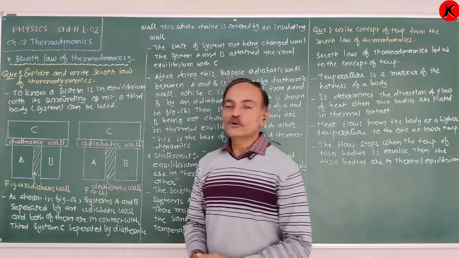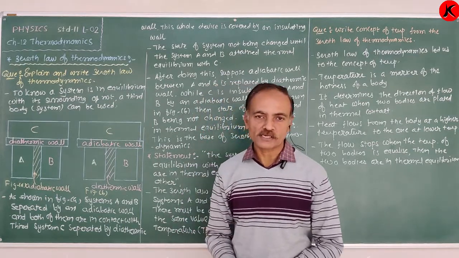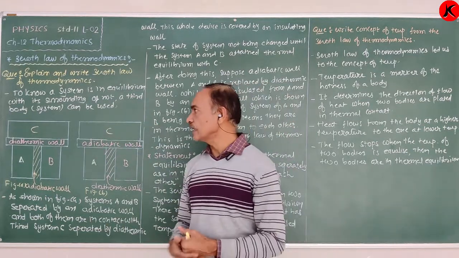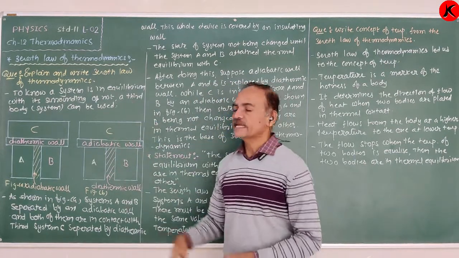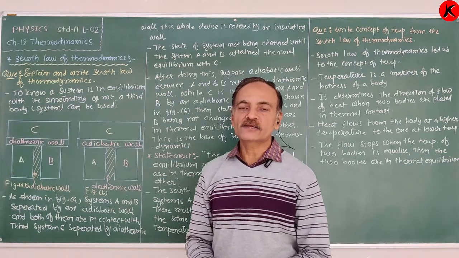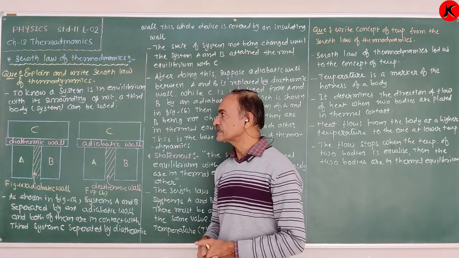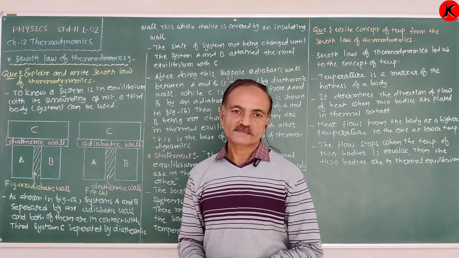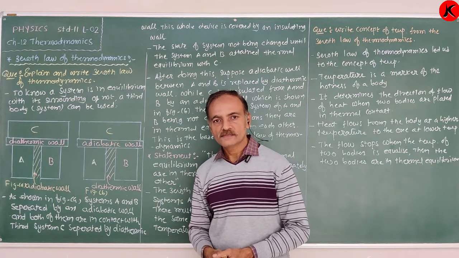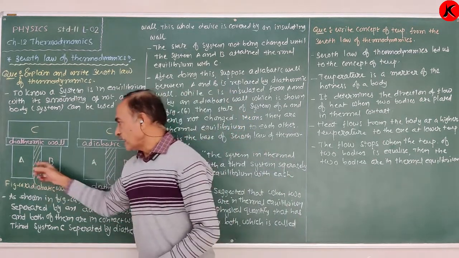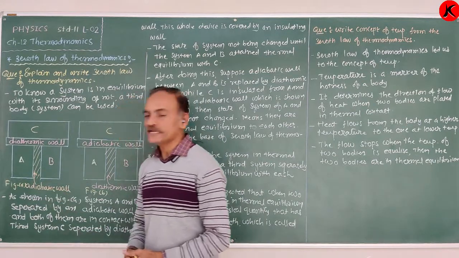Now, listen. To know whether a system is in thermal equilibrium with its surroundings or not, a third body or system can be used. For that purpose, here we consider three systems. Systems A and B are separated by an adiabatic wall.